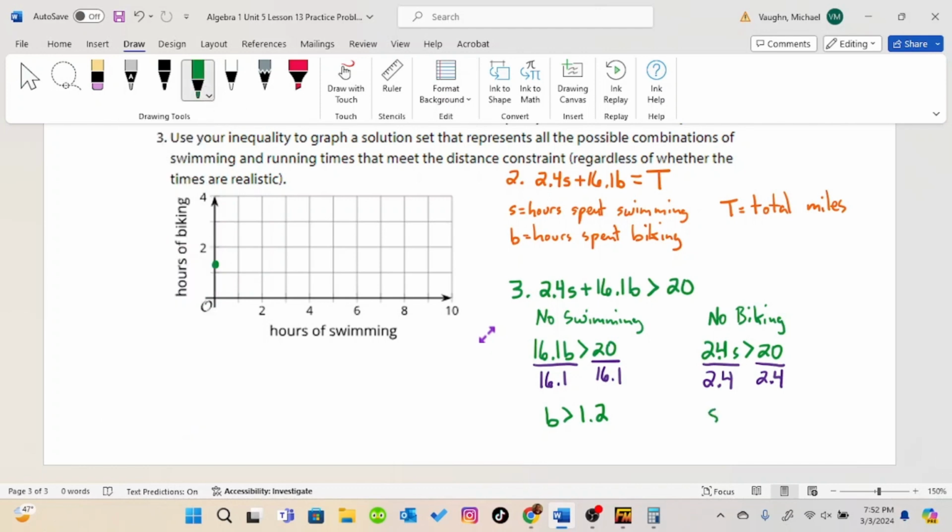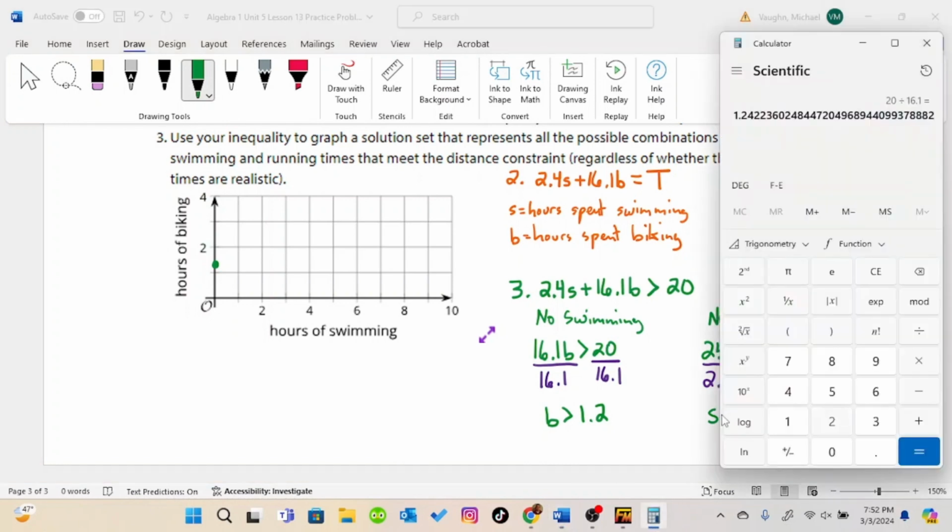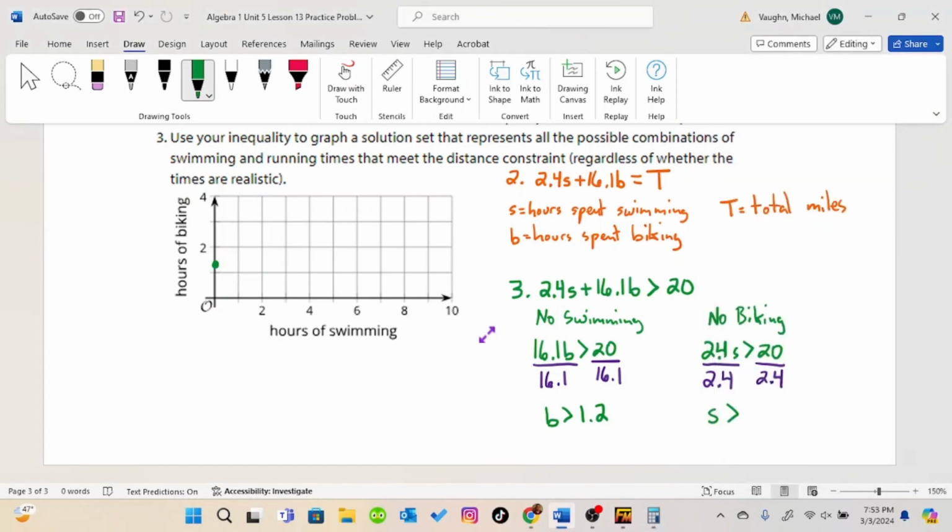So now s must be greater than 20 divided by 2.4 equals approximately 8 1/3. So now we can put our x-intercept at 8 1/3.